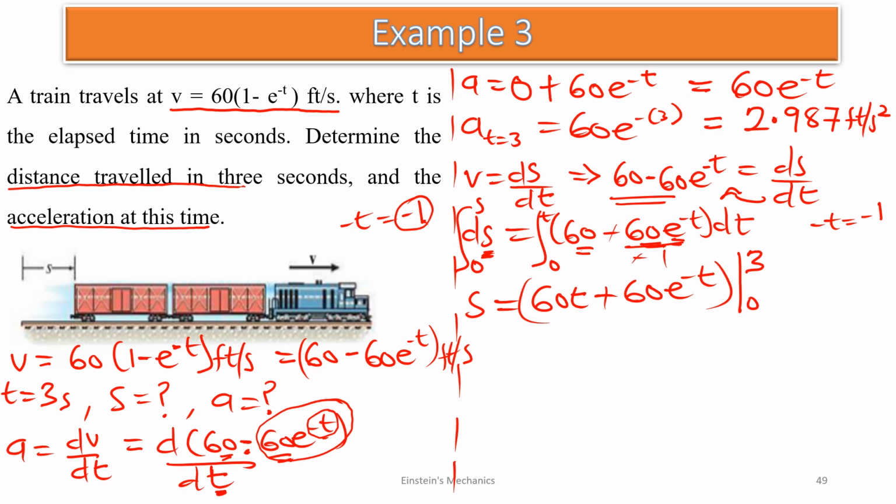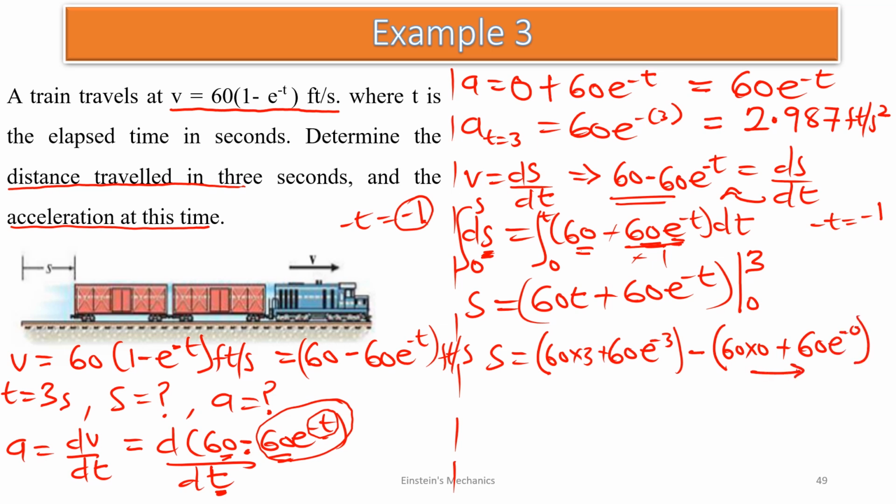So here we are going to solve by putting in the limits, which is going to be 60 by 3 plus 60 e^(-3) minus 60 by 0 plus 60 by e^(-0). Don't tell me this place is going to 0. No, the e function is going to behave differently.